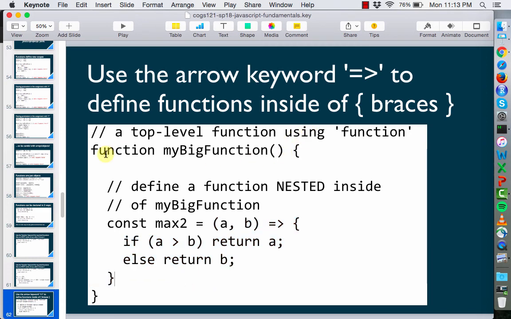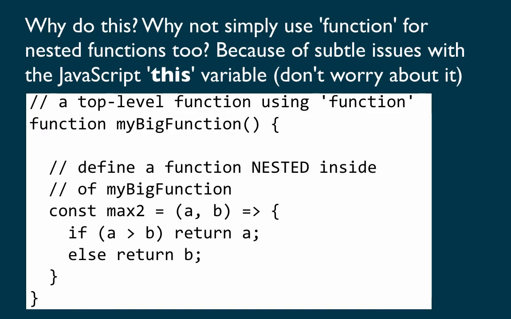Again, this is top level, so we can use the function keyword. And now we're inside someone else's braces, so to declare any functions inside here, we should use this double arrow syntax, even though it looks a little more verbose. Recall this is an anonymous function with no name, and we assign it to the name max2 here. I think this rule works pretty well in practice.